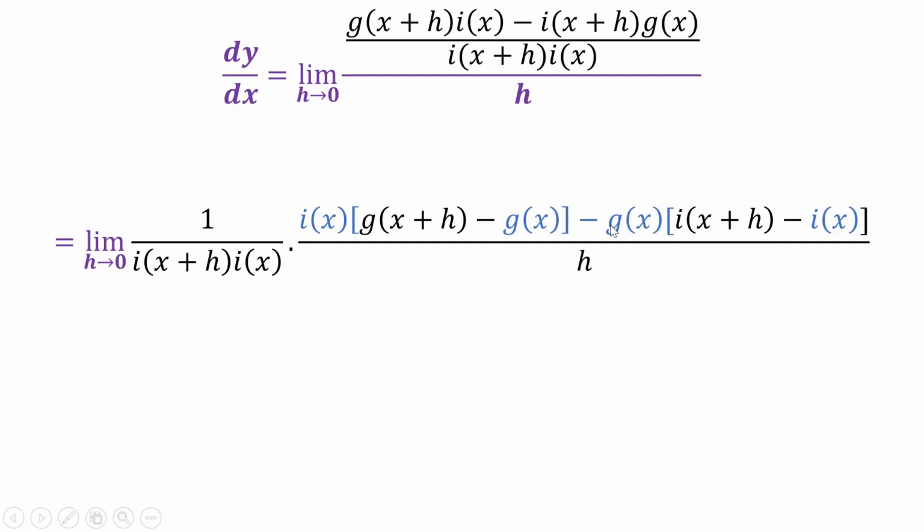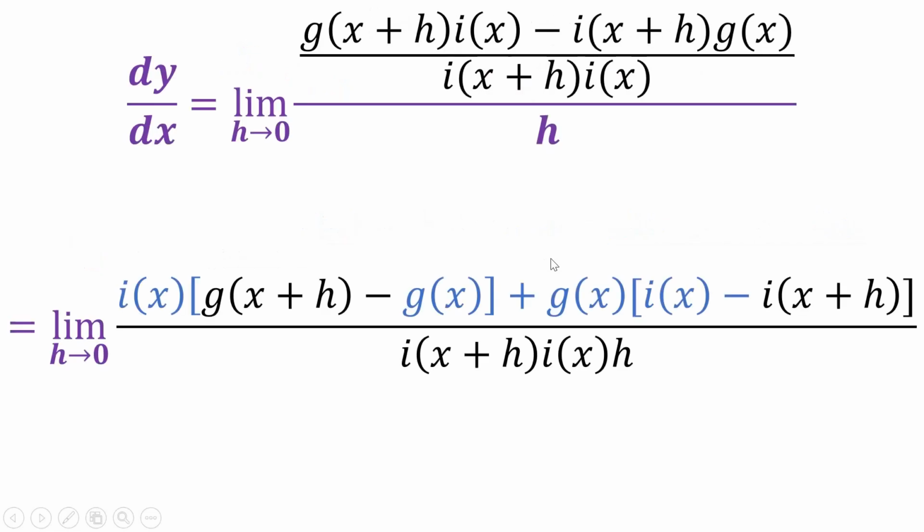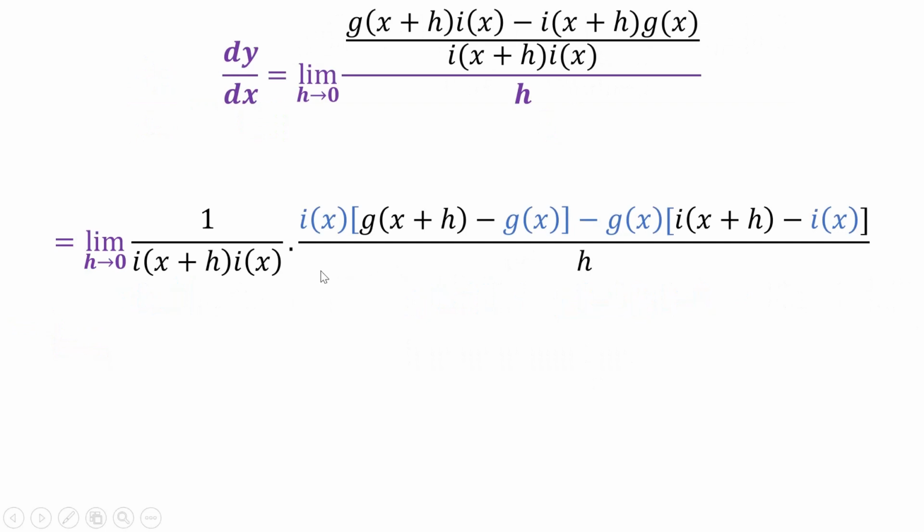Now, you can also see that I have taken out the term that was multiplying h. Let's go back and see. This was multiplying h. So I'm taking it out to multiply the whole fraction. And I do so by expressing it as 1 over that term to multiply the whole fraction here.